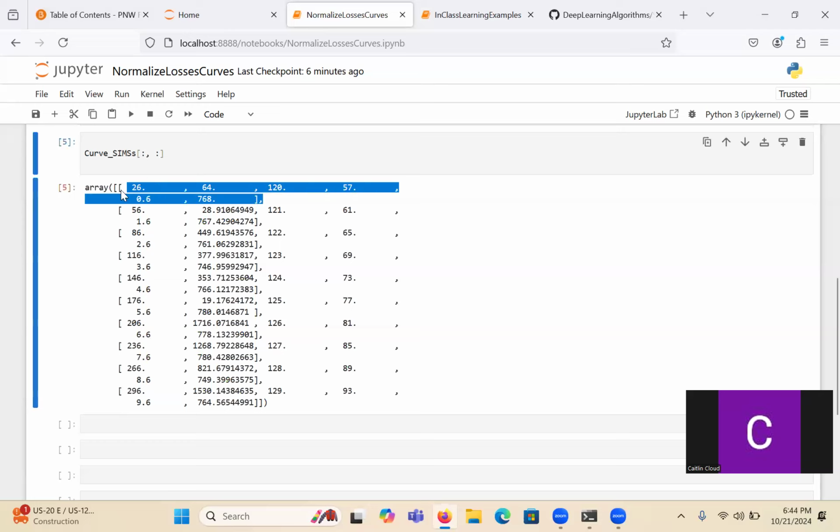So this is the first row. You can see the values are 26, 64, 120, 57. I think that's a 0.6 and a 768 and a really large scale. Notice the scale, 0.6 versus 768. Do you guys see the difference? But they are all after the model predicted and you compare it to the real, there's some metric, okay?